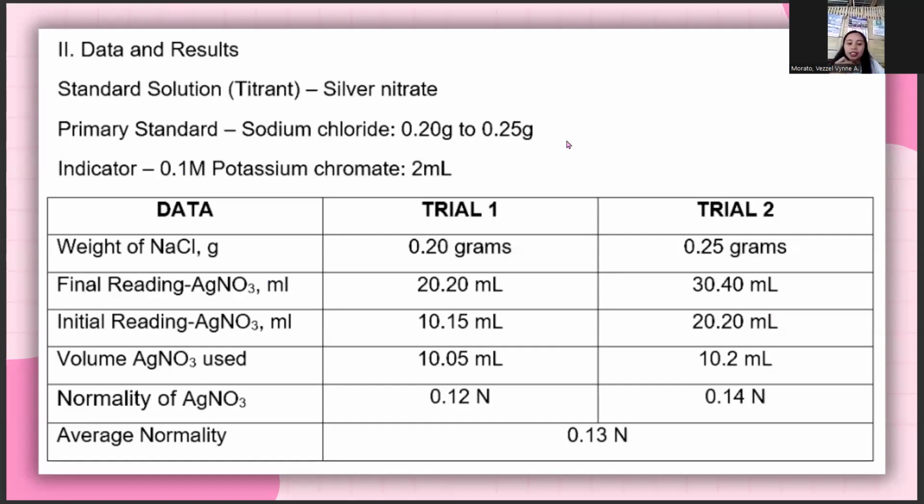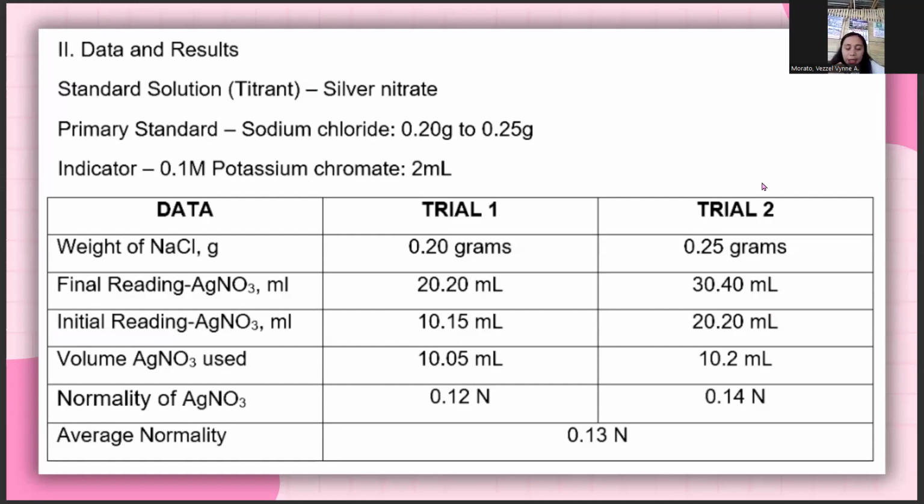Then the final reading of trial number 1 is 20.20 ml, and trial number 2 is 30.40 ml. For the initial reading of silver nitrate, it is 10.15 ml, then 20.20 ml for trial number 2. The volume of silver nitrate used is 10.05 in trial number 1, then 10.2 ml in trial number 2.